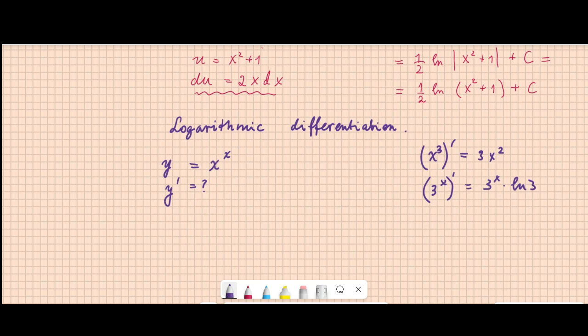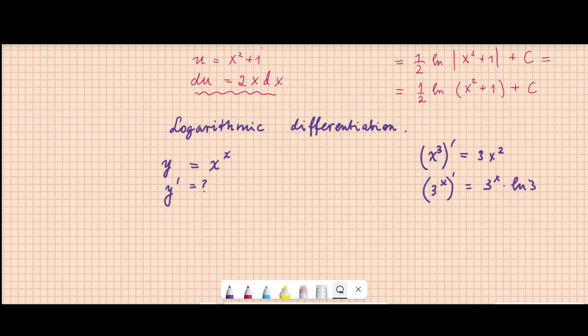Now, this function is neither a power function nor exponential, because both are changing. The base, which is x, is changing, and the power is changing. So which rule should we use, guys? Well, actually, there is no special rule to differentiate this expression, and I'm going to apply a little math trick. I'm going to take a ln of both sides of this expression.